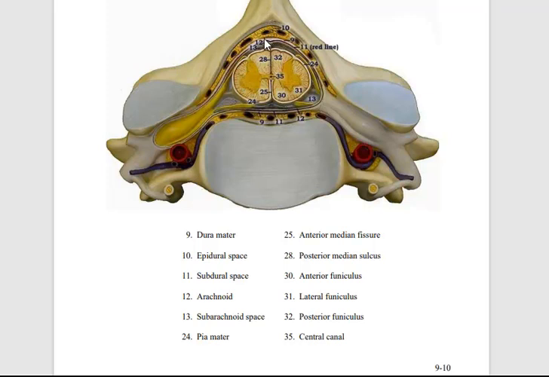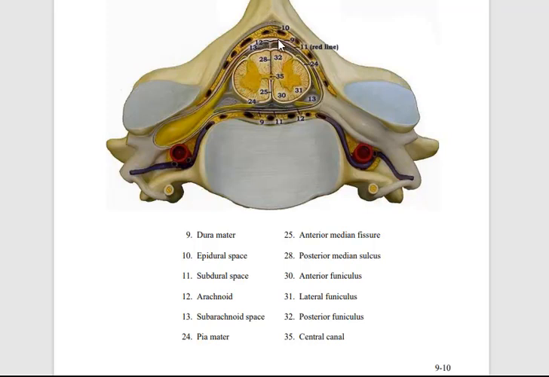And then underneath the tough mother, the dura mater, is the subdural space. You've probably heard somebody say, oh my goodness, they got hit and they got a subdural hematoma. So they're actually bleeding into this area right there. It's hard to see, but they've drawn it in with a red line so you can kind of see it.